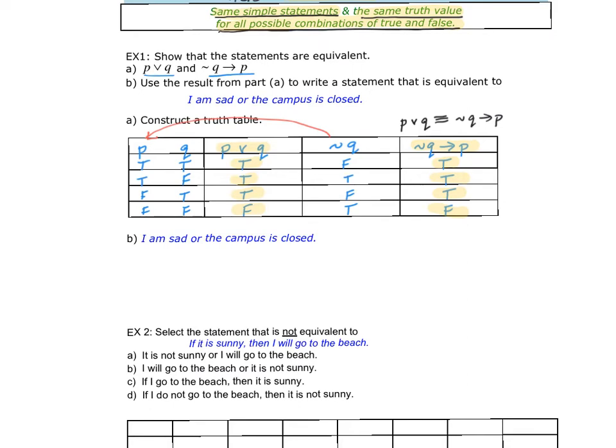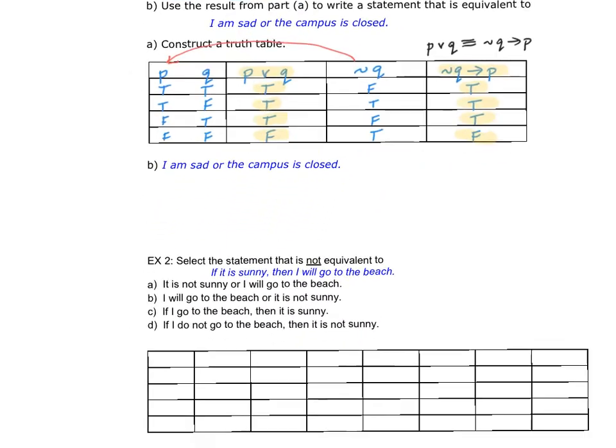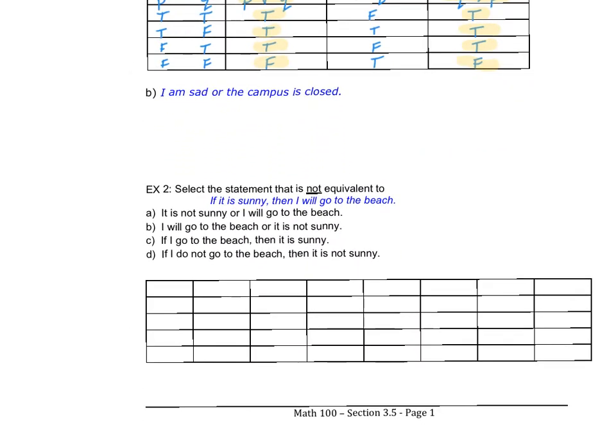In part B, it says use the result from part A to write a statement that is equivalent to I am sad, or the campus is closed. So let's look at part B. I am sad, or the campus is closed. So here P can be the statement I am sad, and Q can be the statement the campus is closed.